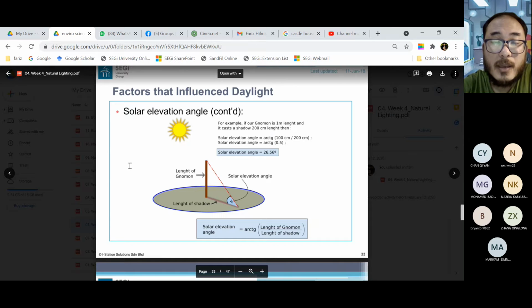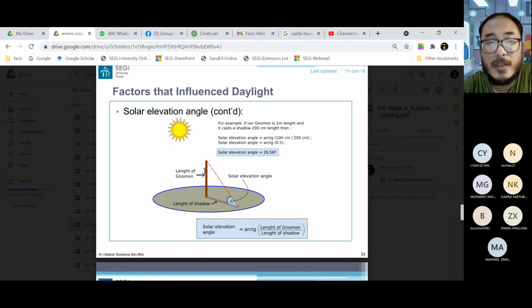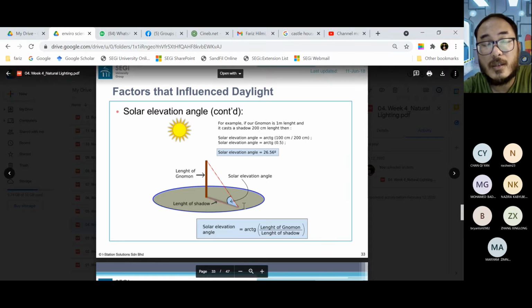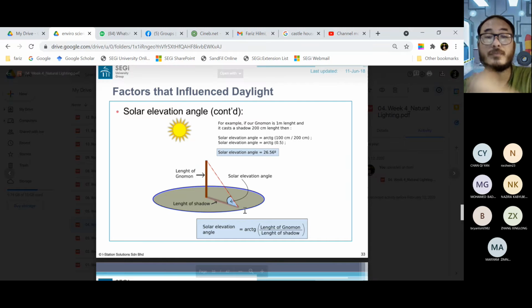Okay, solar elevation angle, you can see here when you have an angle, you can find something like a stick, gnomon is mentioned here, and then the length of the shadow, and then you look at the Sun angle according to the shadow.